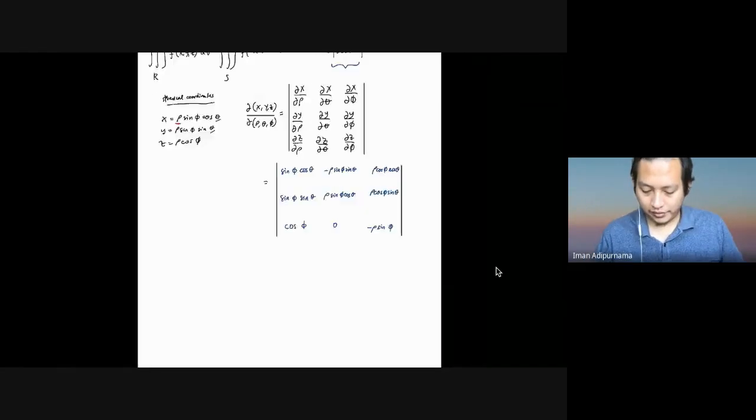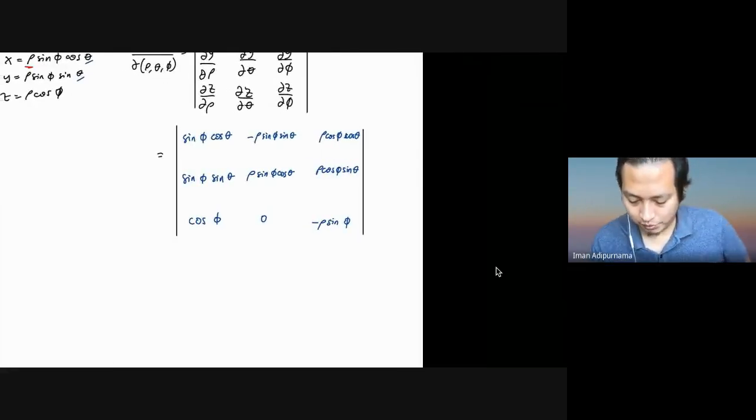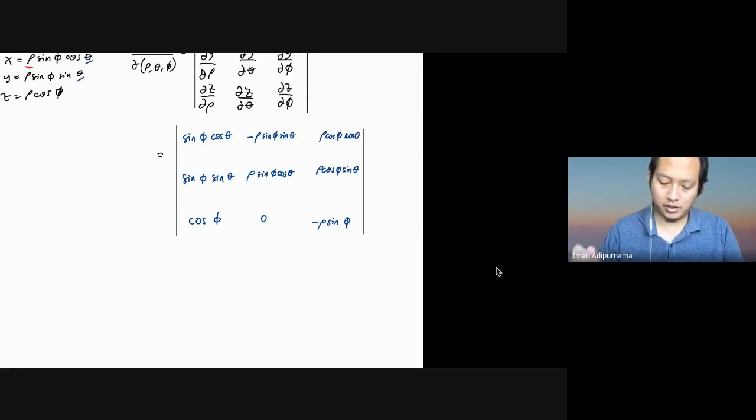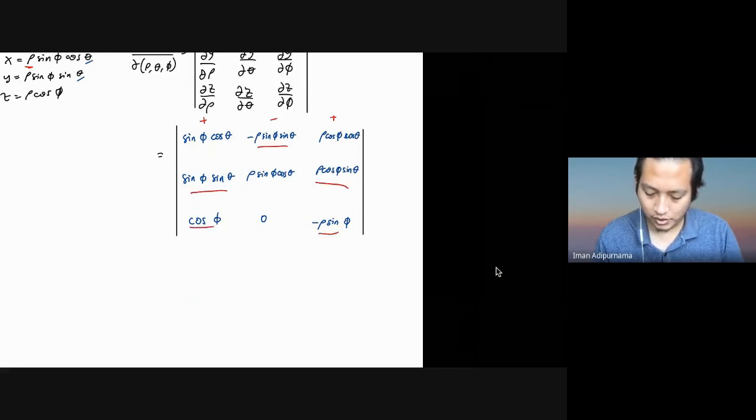Okay, now we have this 3 by 3 determinant. If you remember, you can take plus minus plus for the multiplications and take this determinant and then multiply with this, and then do the same thing and multiply this determinant with this.